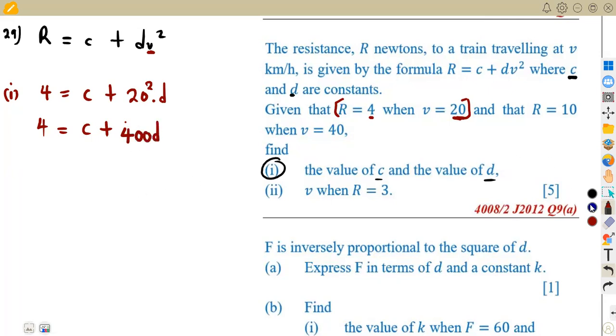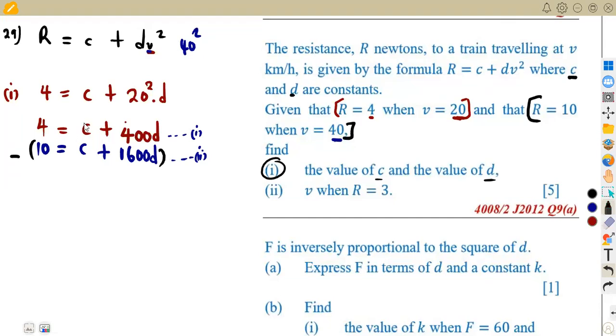You do the same thing on the other part here. R is equal to 10 when V is equal to 40. So this time 10 is equal to C plus d times 40 squared, and 40 squared is 1,600, so that's 1,600 D. As you can see, we've got two equations that we can solve simultaneously in order to obtain the values of C and D. Taking advantage of the C that we have here, we can eliminate C since we have 1 and 1.